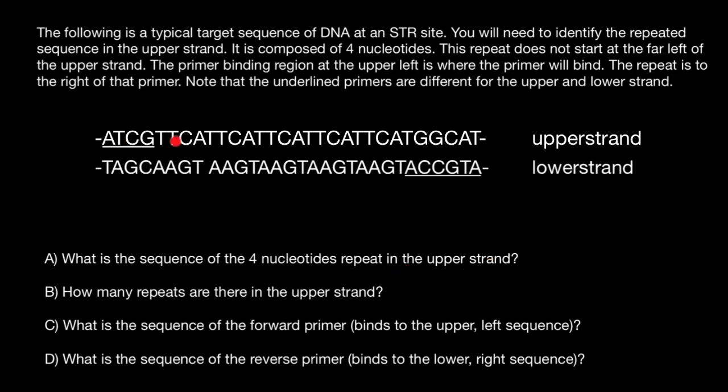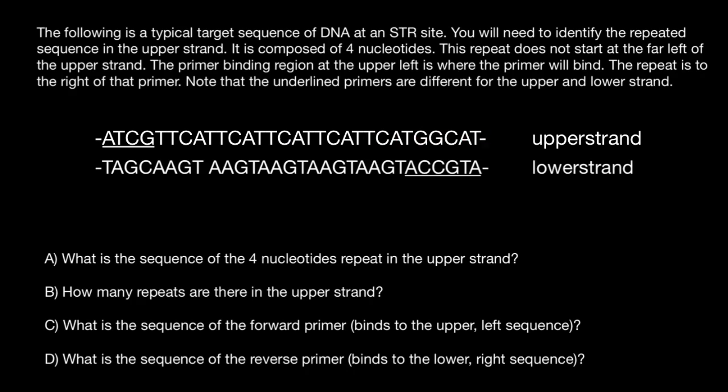Let's analyze. This is the upper strand, and we do not take into account this part, because this is where the primer is going to bind. So we have to analyze this part of the sequence.